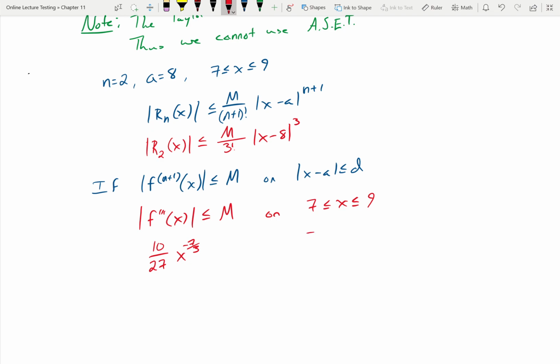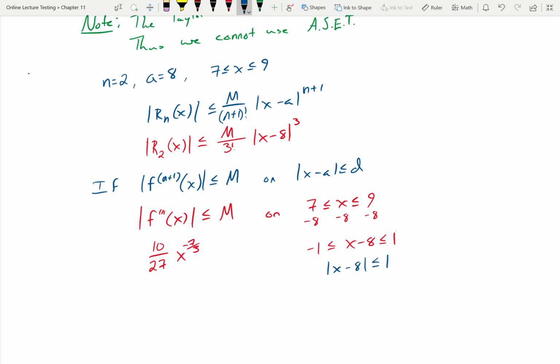So if I subtract 8 from each of these terms, I get negative 1 is less than or equal to x minus 8, which is less than or equal to 1. Using properties of absolute values, this is saying the absolute value of x minus 8 is less than or equal to 1. Okay? So notice now we match what we're going to do here.